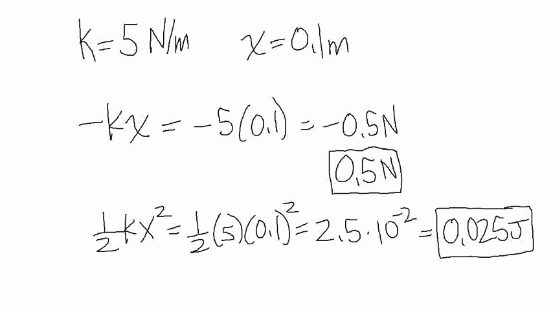Now, I'd like you to do one. Okay, so here's the puzzle. Suppose that I was studying a mass spring system, and I noticed that when the object attached to the spring was moved this distance from the equilibrium position, the spring force on the object had a magnitude, or a strength, of 30 newtons.